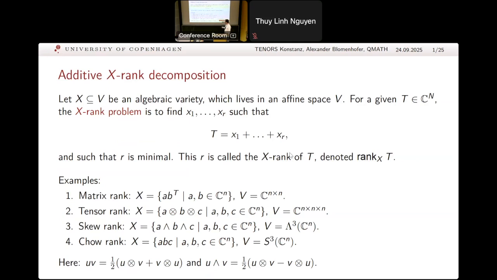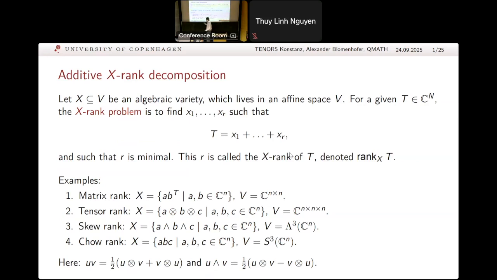And then we can of course also talk about symmetric tensors. The S3 of C to the n, this means an n by n by n tensor which is symmetric. What notions of rank do we know for symmetric tensors? We actually know a lot, right?